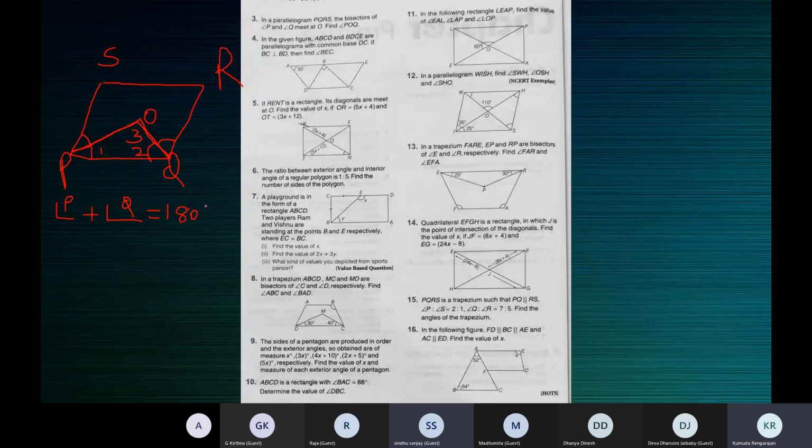Okay. Devadarshini, what is the reason for this? Why is angle P plus angle Q 180? Ma'am, I completed the sum, ma'am. Okay, fine. I'm asking Devadarshini. Devadarshini, why is angle P plus angle Q 180?